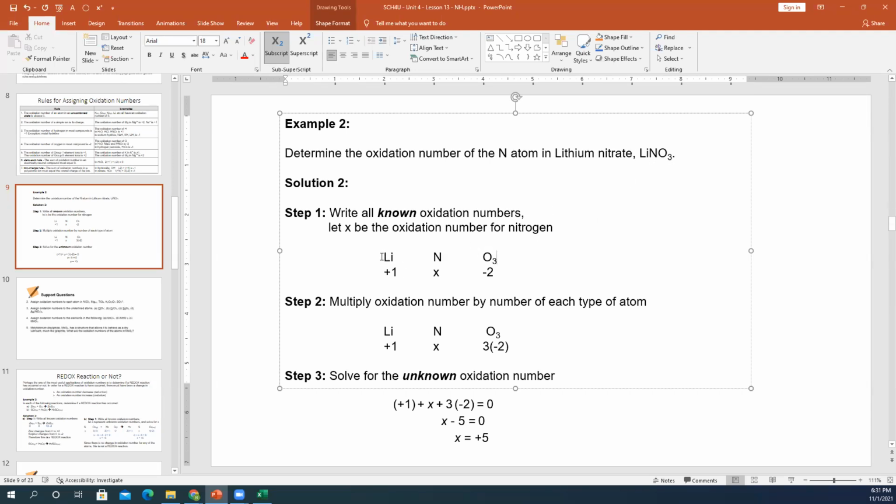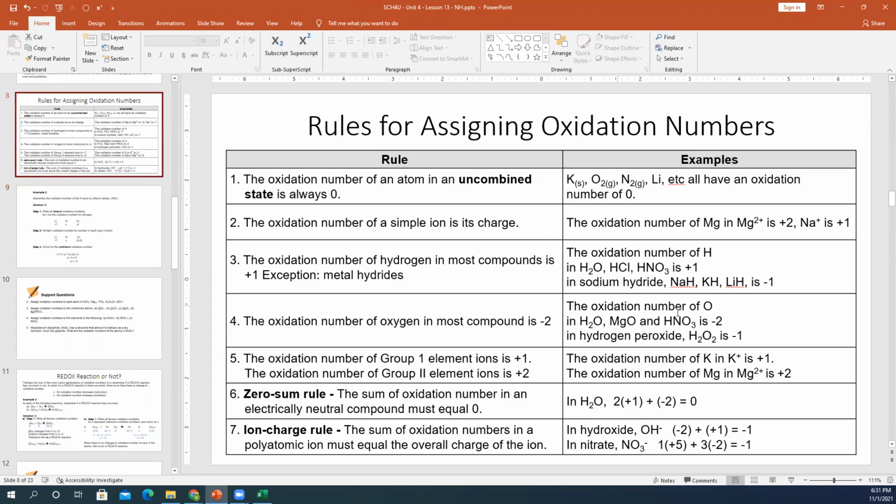So the lithium has a charge of +1. We know that because it's from the group 1 elements of the periodic table. Oxygen, we know that it always has an oxidation number of -2, unless, if you recall, it is in hydrogen peroxide, H2O2, then it's going to have an oxidation number of -1.